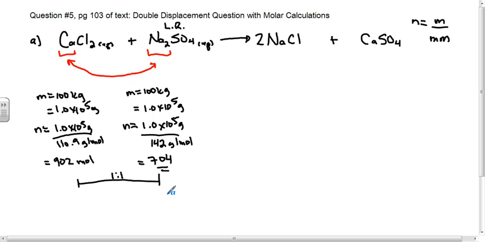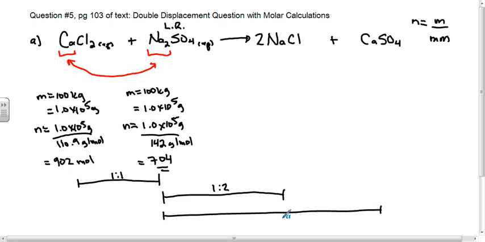Now we use that information to determine the number of moles of sodium chloride and calcium sulfate by looking at the molar ratios between sodium sulfate and those two products. We see that there's a 1 to 2 ratio here, and we have a 1-to-1 ratio between sodium sulfate and calcium sulfate. So now we can go through the task of determining the mass of both products.